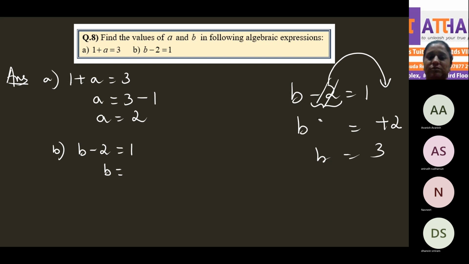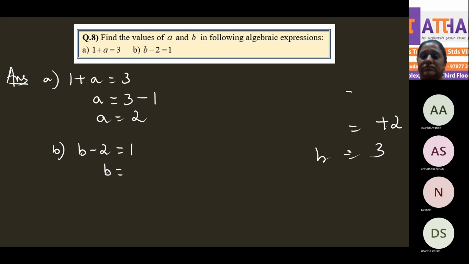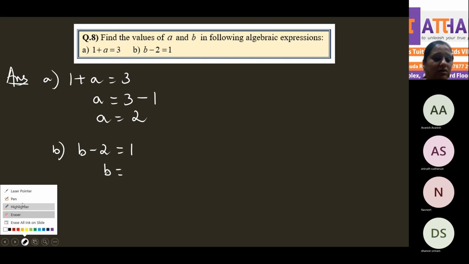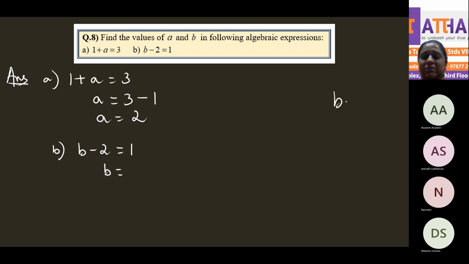I'll show you again, all of you. Okay, ma'am. This is how we transpose. B minus 2 is equal to 1. Now you have to transpose this minus 2. Don't write that minus 2. Write this B, write that equal to sign, write 1 also. Now this minus 2 will go to the other side as plus 2.